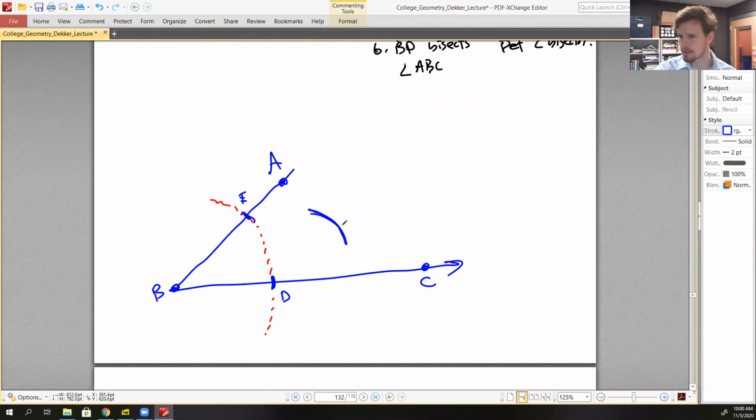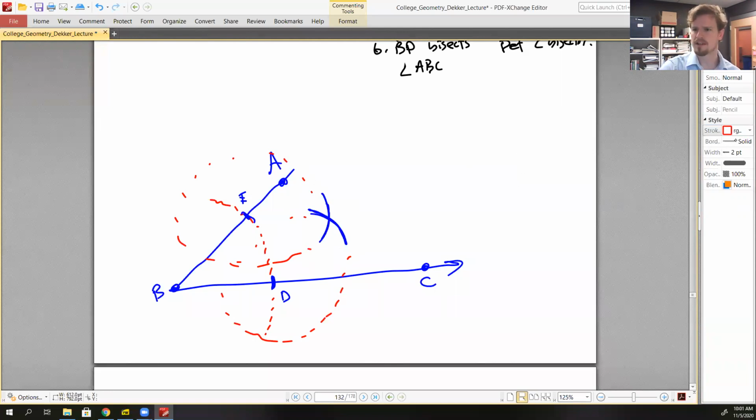Then we use a circle of the same radius and reach out from E. So we create the circle around D, and we create the circle around E, giving us these points. We only need to make these marks. That's all that we're interested in, because those give us the intersection point P, and from that we have the angle bisector.